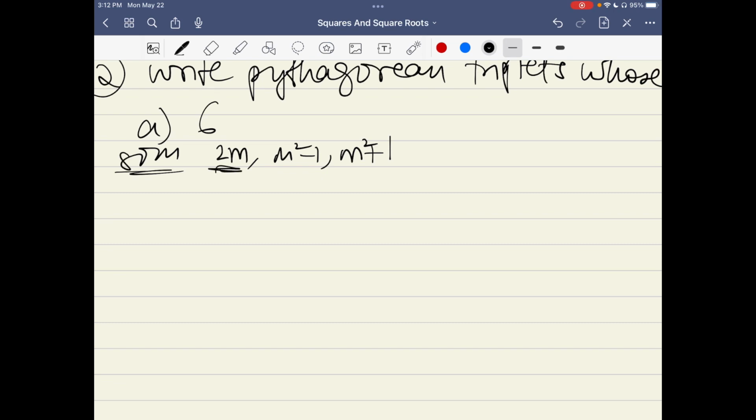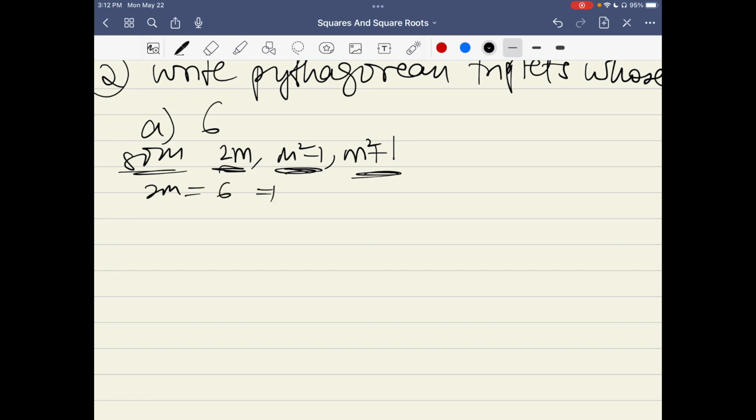We can pick any number, 2m, m squared minus 1, or m squared plus 1 to find what m is, and then find the Pythagorean triplet, because we haven't been told that the smallest number has to be this or the largest number has to be this, right? So let's say we just pick 2m equals 6, which implies m equals 3, right?